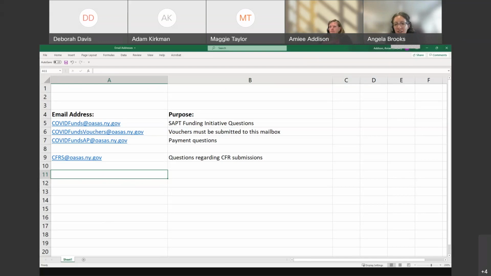Okay. The next one is, can we claim salaries and personal services? And if so, is it subject to the 10% annual salary cap and or the $10,000 cap that applies to recruitment and retention expenses? The 10%, $10,000 restriction is for recruitment and retention.